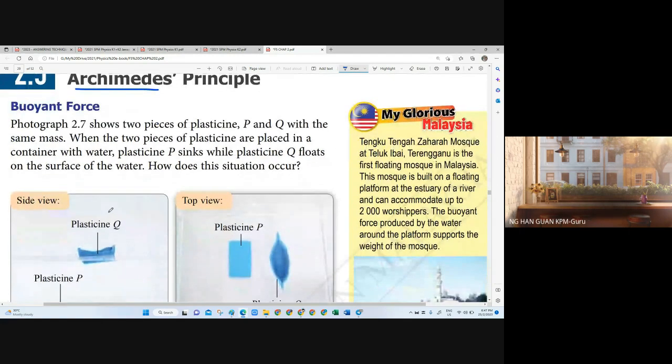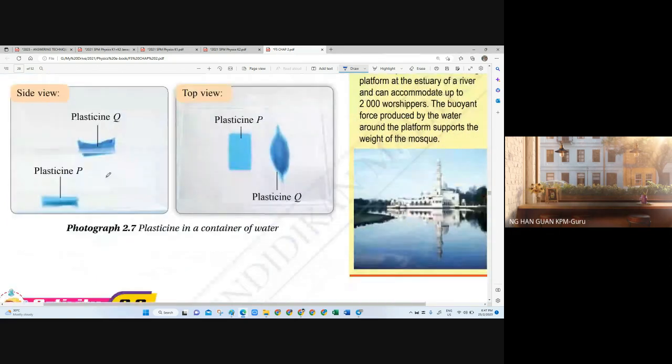The buoyant force is actually also part of the balanced and unbalanced forces, the resultant force. Remember, the object has weight. When immersed in the water, it experiences the buoyant force. When the buoyant force is the same as the weight, the object floats, because the resultant force is 0.